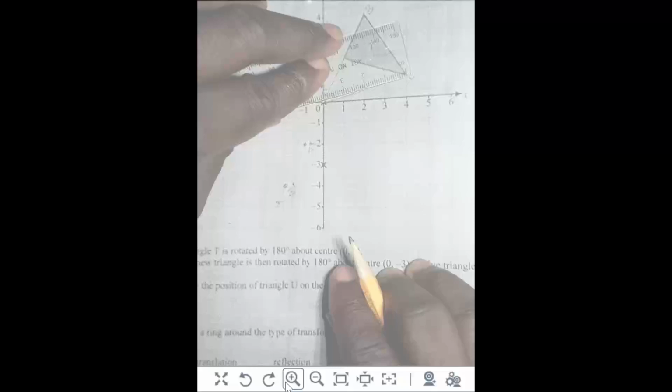Now I'll place my ruler there. I have to measure from point C to the center of rotation. If you place it very well, that will give you about 4.2 again, or about 4.1 thereabouts. Okay, 4.1. So I'll place the ruler again at my center of origin, and it must be in line with this point here.